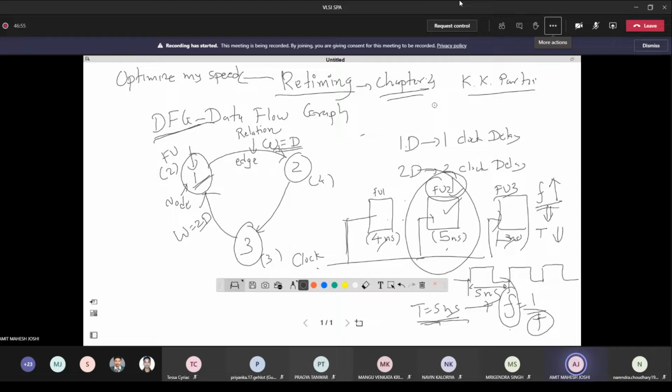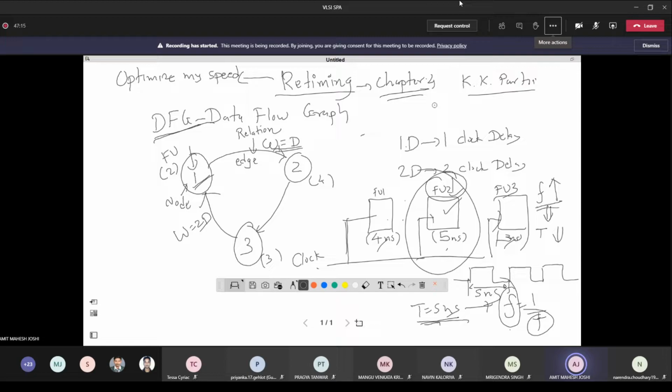Now over here, for this particular edge, when I go from 2 to 3, there is no delay. So what it says is that once this particular block executes, that is the time 4, and node 3 should be executed at the same time.